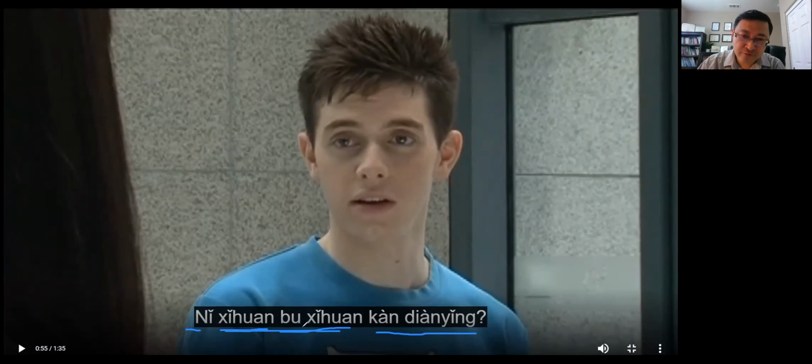You can also transform it to the ma structure by deleting the negative form of 喜欢 and placing ma at the end of the sentence, which expresses the same meaning.